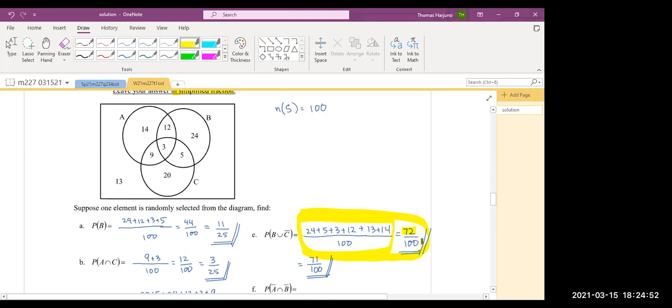You see that the way I do my grading is more about your work, and I will give you partial points for things that you did right. I have seen people who don't write anything but just the answer right away, and they wrote 72 over 100. That's totally wrong.